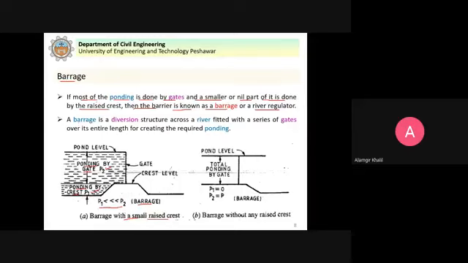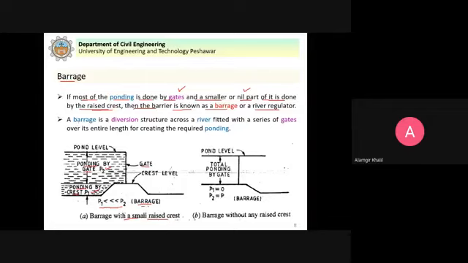It means that in case of a barrage, most of the ponding is done by gates and a small or nil part of it is done by the raised crest. So you can see here that in barrages we have gates provided, and maximum ponding is achieved through these gates.